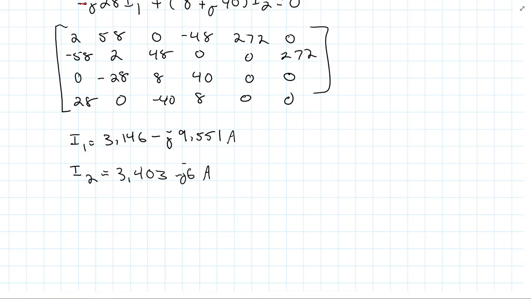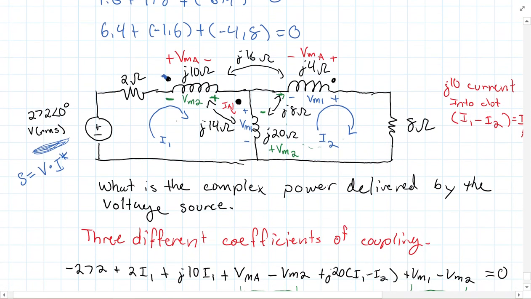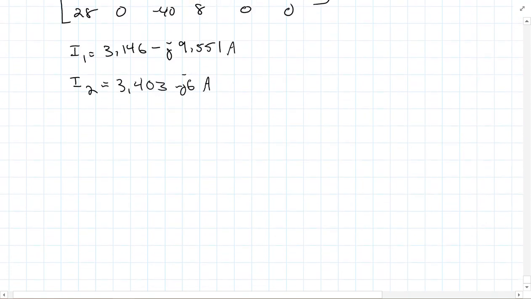Now we're finally ready to compute complex power, but then since we're looking at this voltage supply, remember this current is coming in on the negative side of the power supply, so my complex power would be negative V effective times I effective conjugate.